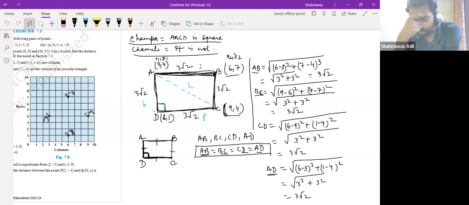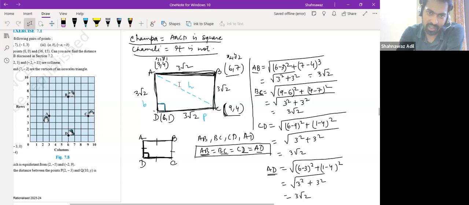So to prove that it is a square, we have to prove that one angle is 90, right? To do that, I calculated AC, which is the hypotenuse, and we already knew AD, which is the perpendicular, and CD, which is the base.